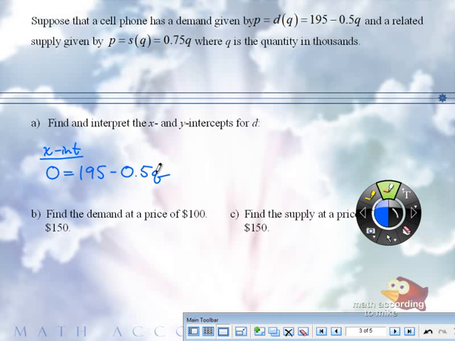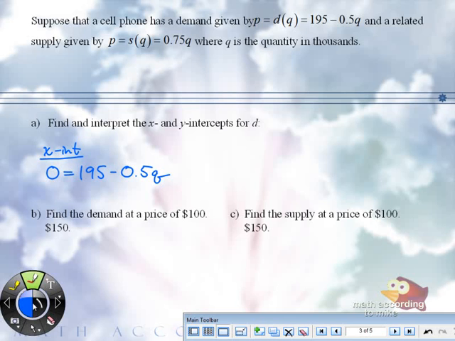So how do you solve for Q? Subtract 195 from both sides, and then divide both sides by negative 0.5.